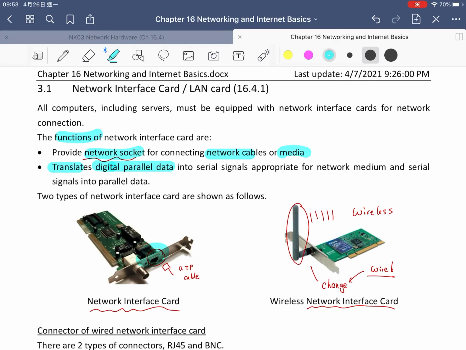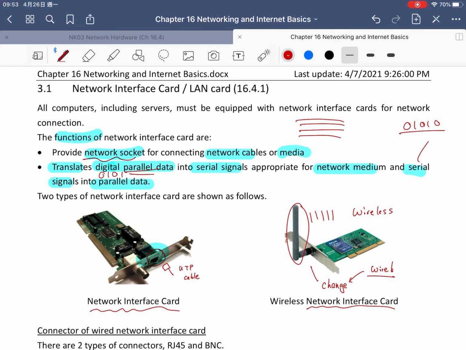What is digital? Digital is 1 or 0, into a serial signal appropriate for the network cable, network media, or serial signal in parallel one. Serial means the data is transmitted 1 by 1. But for the parallel signal, it means there are lots of cables.